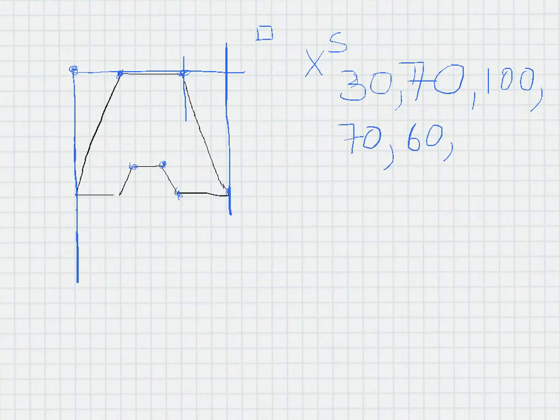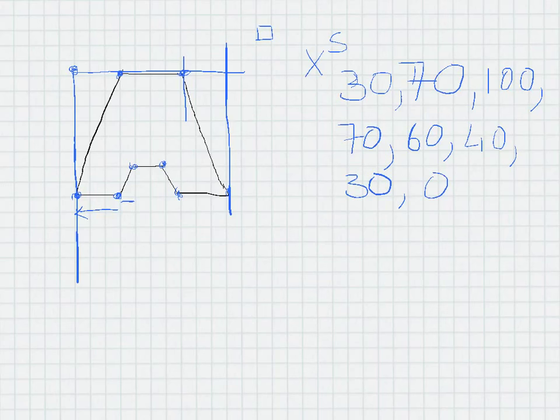My next point here is 2 grid squares across from the last one, so I'm subtracting 20 off of the last value, which was 60, so that makes my next one 40. Then the next one here is 1 grid square across from the last one, so I subtract another 10, that makes the next point 30. And my last point over here is 3 more grid squares across from the last one, and that makes it 0. Okay, they're my x points.